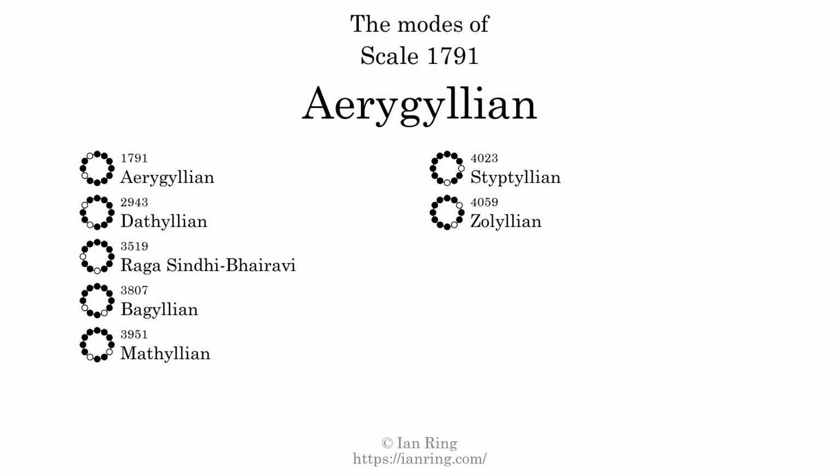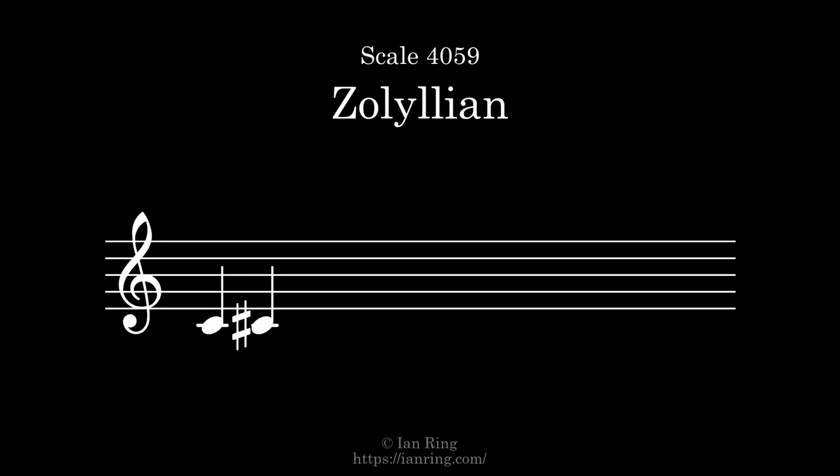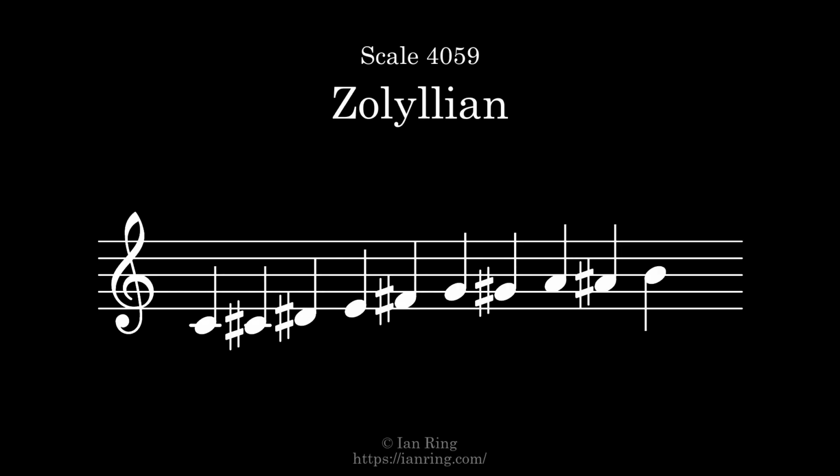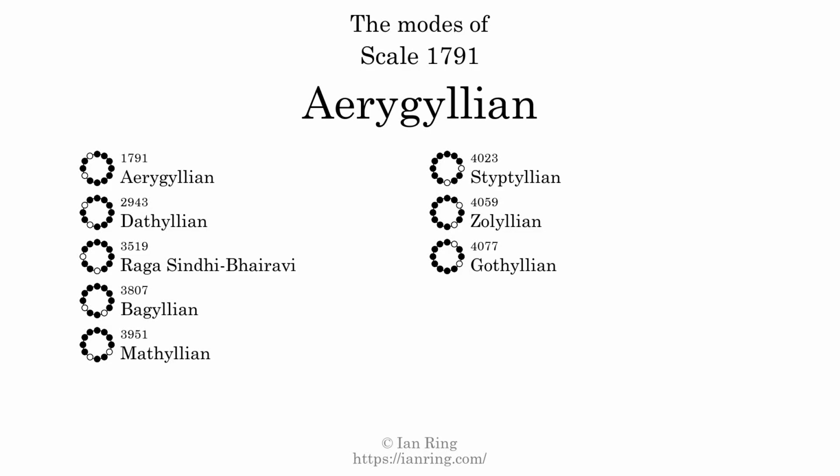The seventh mode is scale 4059, also known as Zililian. It sounds like this. The eighth mode is scale 4077, also known as Gathilian. It sounds like this.